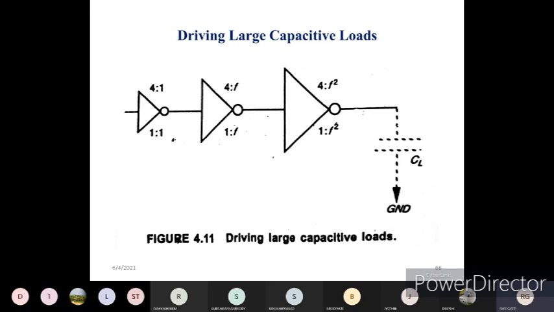When signals are propagated from on chip to off chip, there will be problems associated, and those problems we call driving large capacitive load problems. Typically, the off chip capacitance should be high when compared to the on chip capacitance.